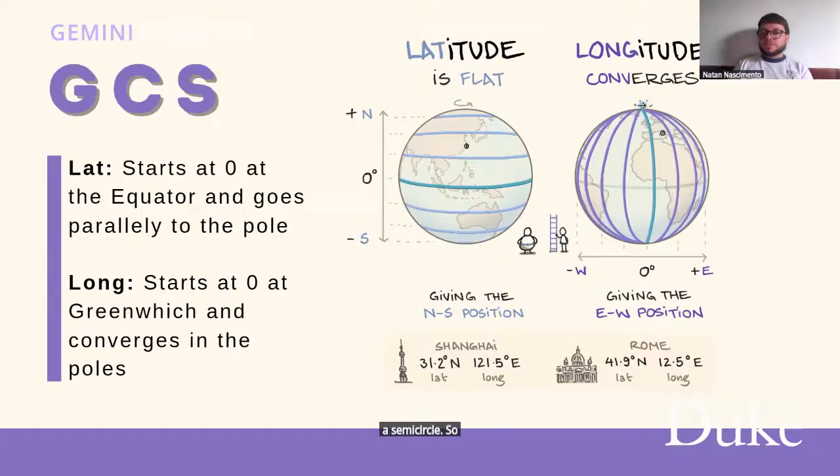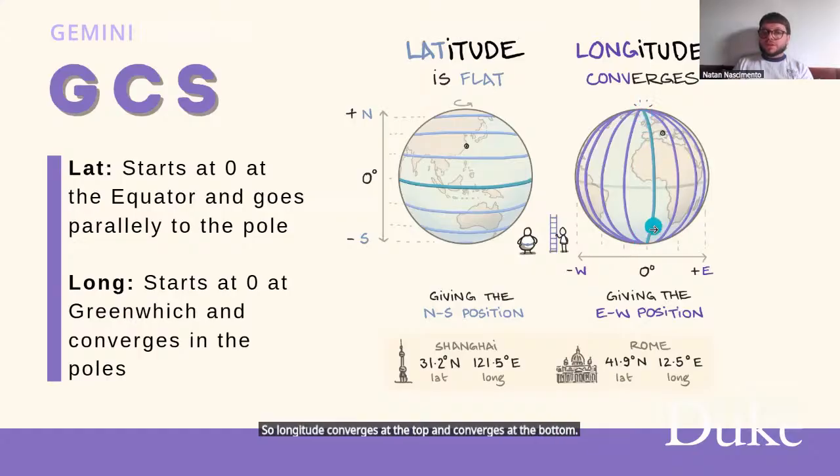So it goes from 0 to 180. So longitude converges at the top and converges at the bottom.